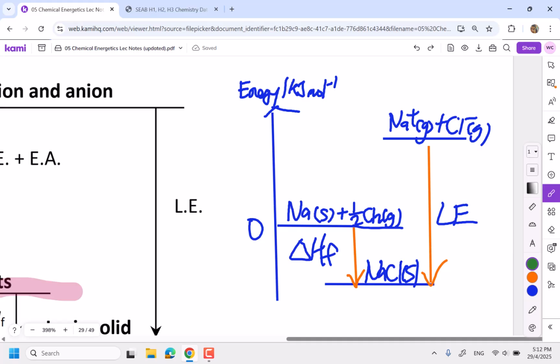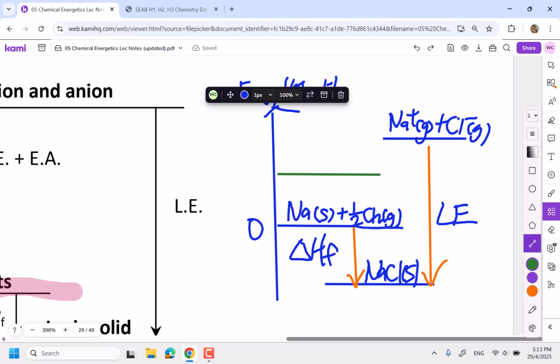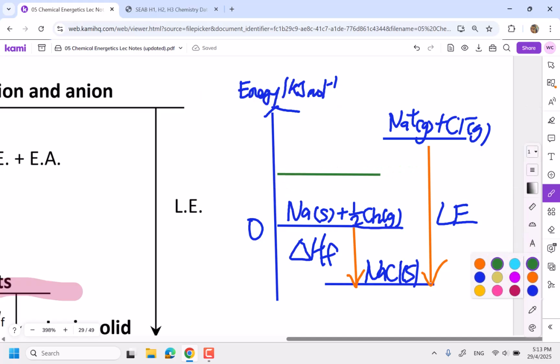So what I'll do here is first move up. Over here I'll write Na gaseous and Cl gaseous. So I'll just move up here.